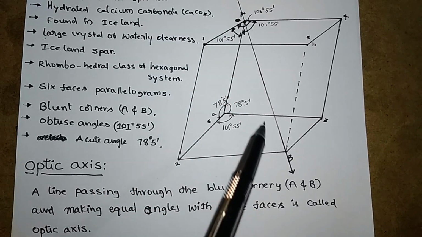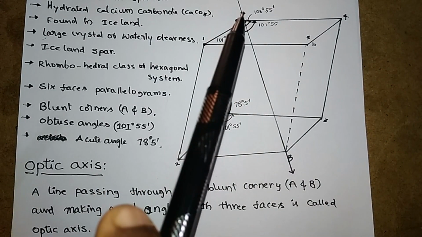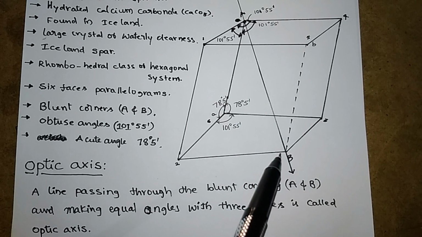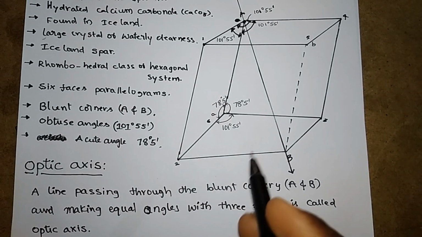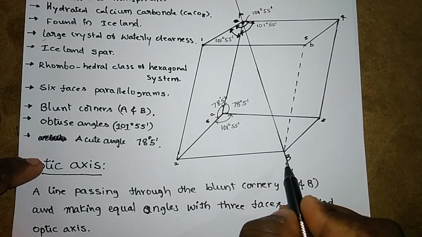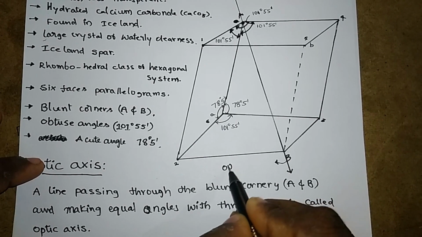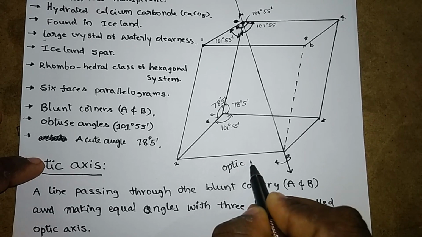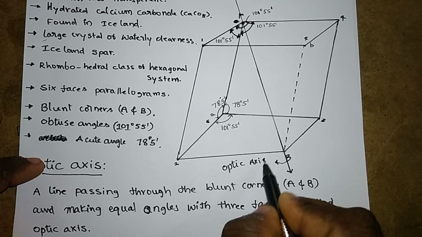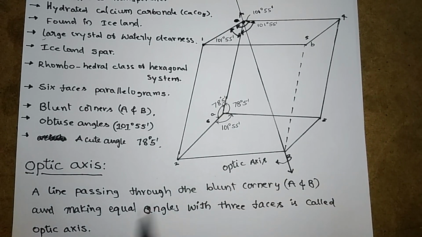Okay. Now we see the diagram. I draw an optic axis here from blunt corner A to B. Here we call it the optic axis. The optic axis makes equal angles with three faces.